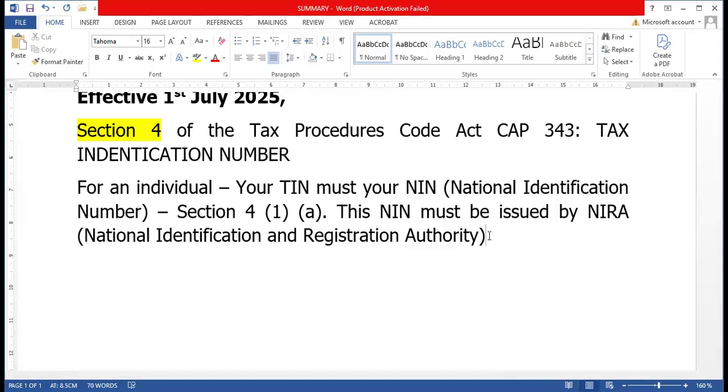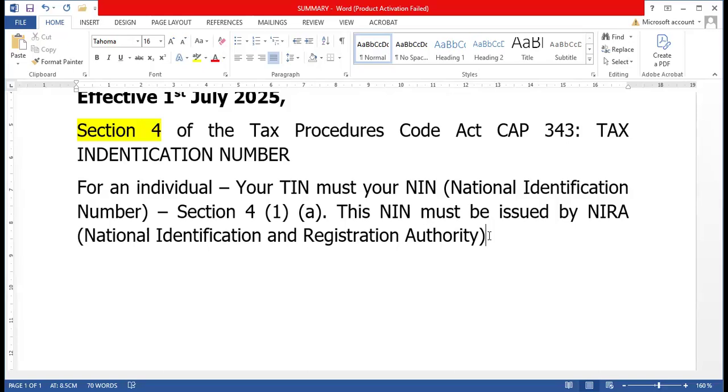Remember, the URA system communicates with the NIRA system and with the URSB system, that is Uganda Registration Services Bureau.